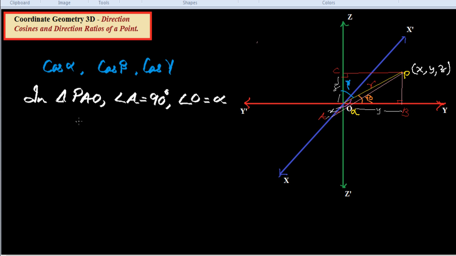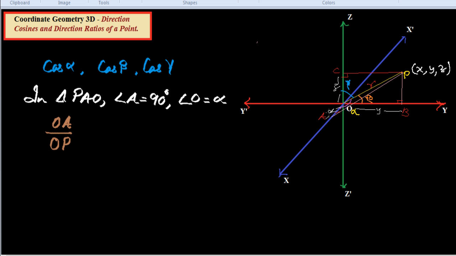So in this triangle PAO, OA is the base of this triangle, and OP is the hypotenuse, because it is opposite to the right angle, the 90 degrees we have drawn here with the perpendicular.